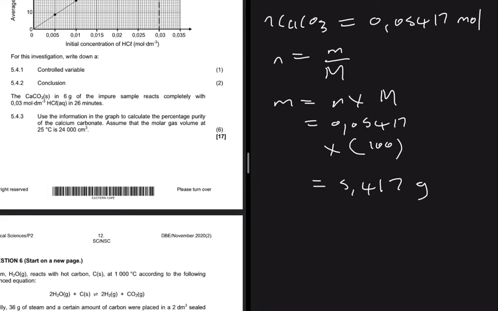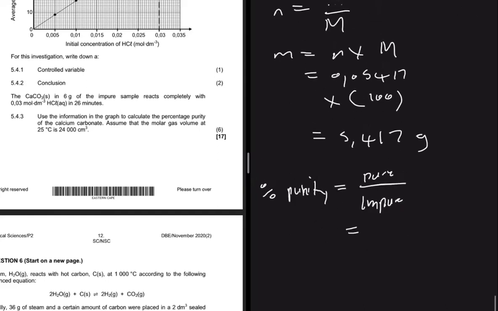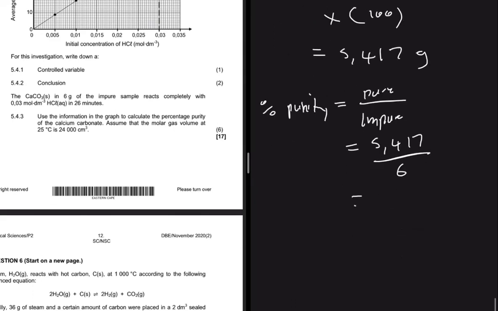So now we have the mass of CaCO3 that reacted and the mass of the impure sample. So to find percentage purity, we're going to say percentage purity equals pure substance divided by impure, the whole substance. So this is going to be equal to 5.417 divided by 6, which is equal to 0.9027.